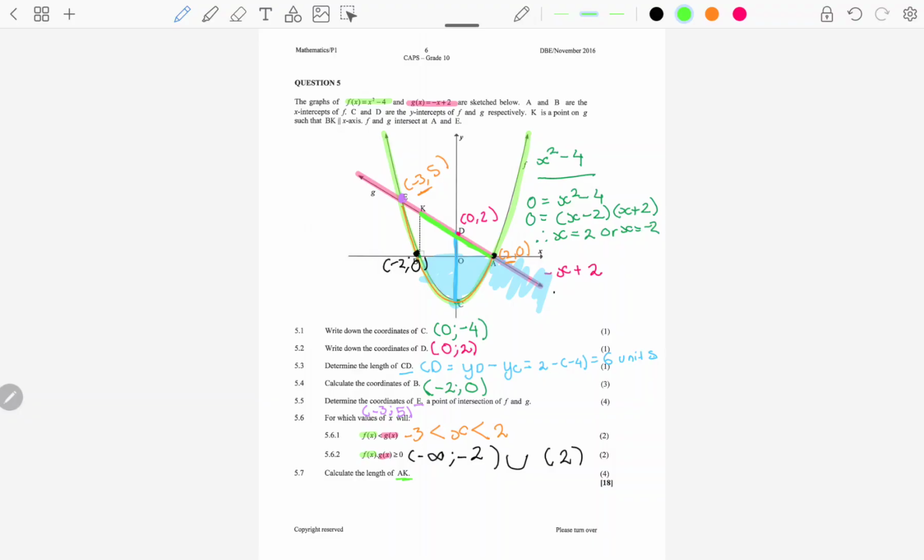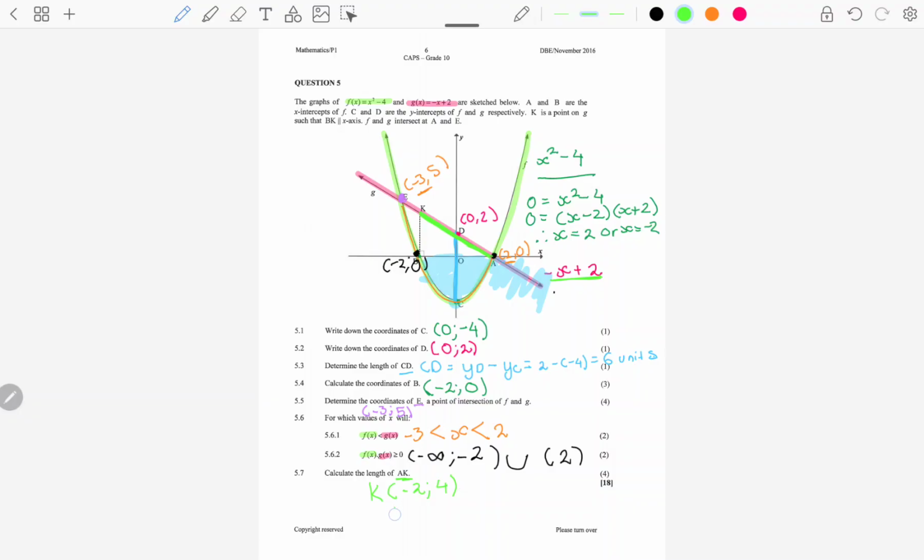So first let's find the points of K. K will have the same x value as B, since it's directly above. Therefore, that will also be negative 2. And to find the y value, we're going to substitute negative 2 into the pink graph, which will give us 4. That's point K.